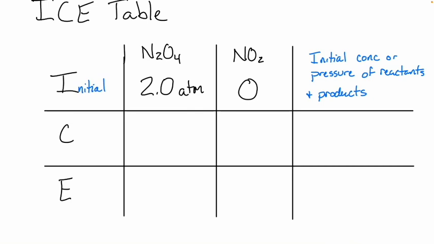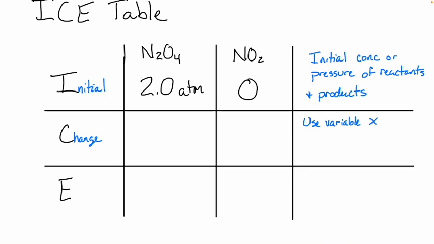The C stands for change. So this is how these pressures are going to change as this reaction occurs and reaches equilibrium here. All right? So we're going to use the variable X in our change box here.